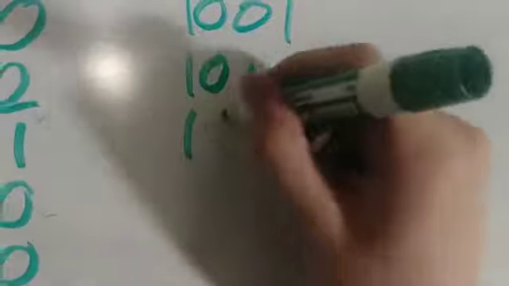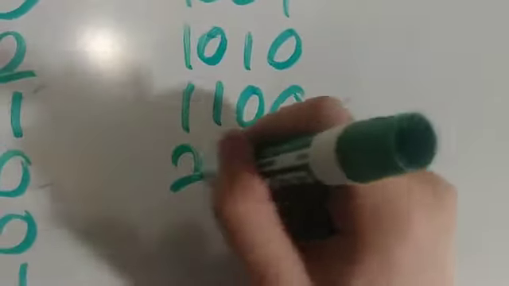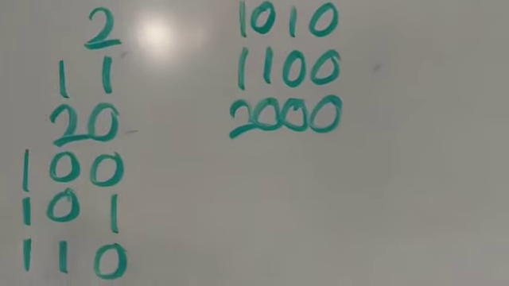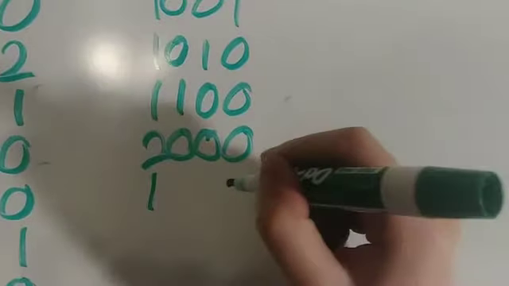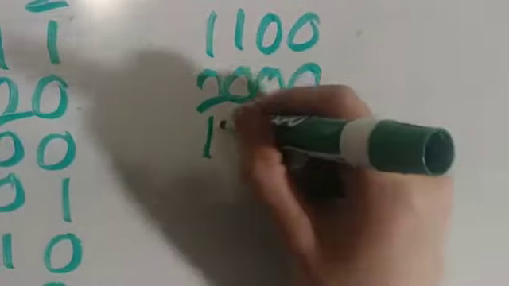And so you do that by this: 1010, 1100, 2000. Now you have to add another one. Now you're at 3 factors. So you go to 1002.